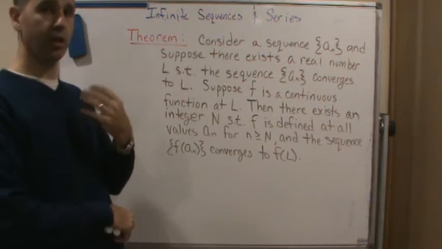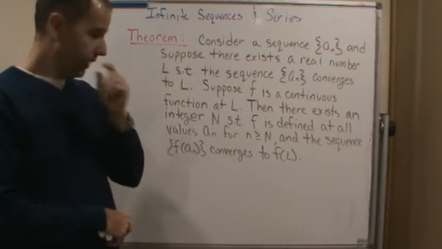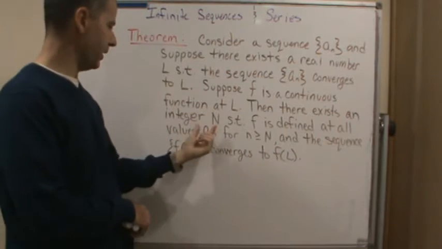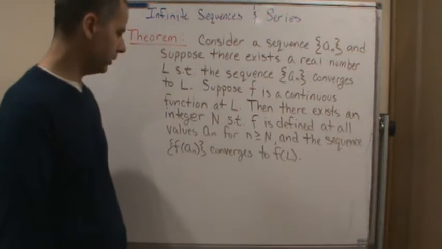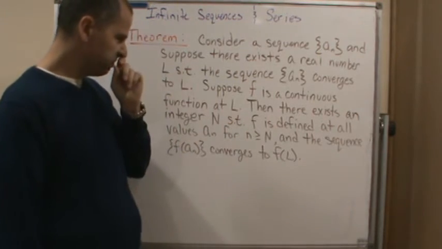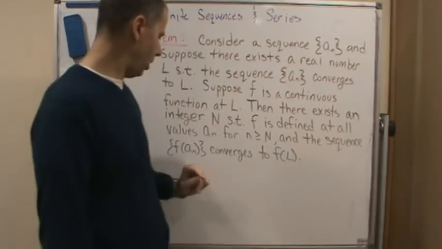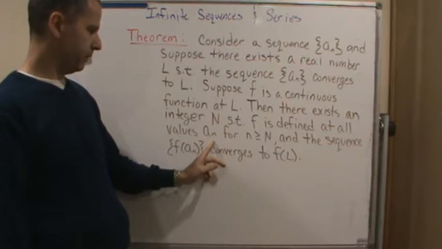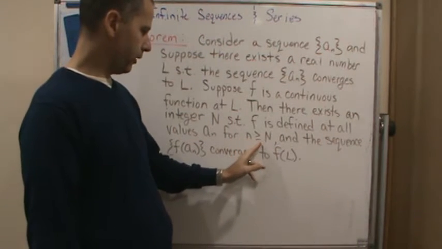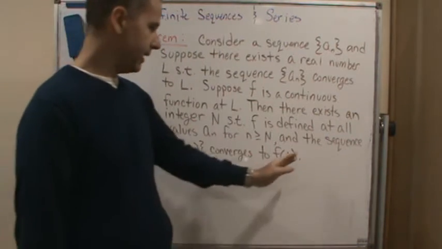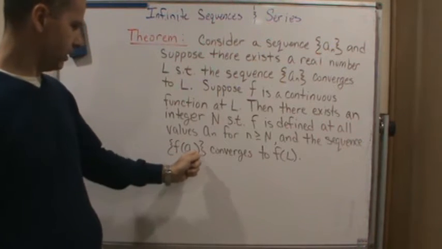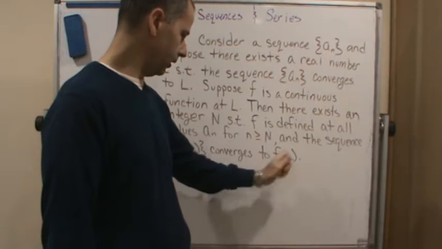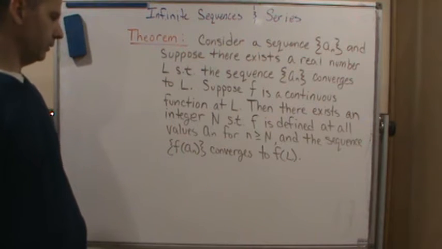So if those conditions are met, then there has to exist an integer N. Is it an integer? It should be a positive integer. Yeah, usually a positive integer. Such that f is defined at all values of a sub n for n greater than or equal to N, and the sequence of f of a sub n converges to f of L. Okay?